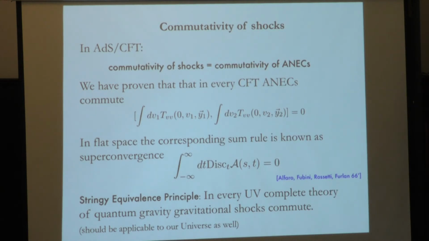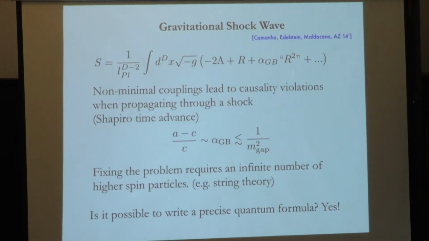Excuse me, may I ask you a question? You say that this is an effect due to addition of R squared, which has a dimension. So it has to be divided by something like the Planck scale. Yes. So are we talking here of corrections of order of the mass, 1 over the Planck mass to some power? Right. If you put the Planck scale here, then what I'm saying is not interesting.